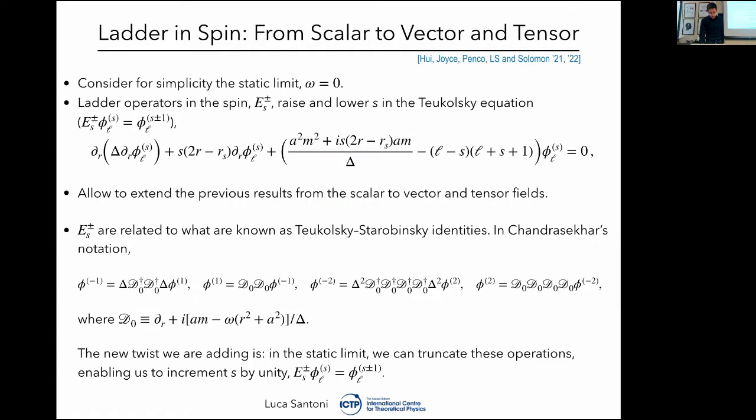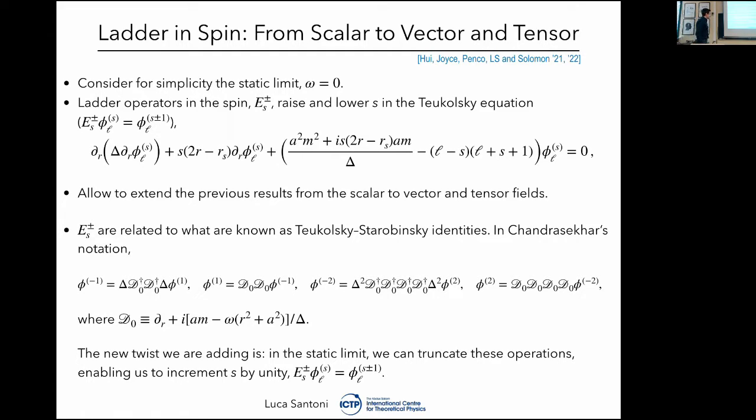Let me mention the following. Let me mention what happens for higher spins. This is the Teukolsky equation for a generic spin S. You can find ladder operators that bring you from S equals 0 to S equals 1 and S equals 2.